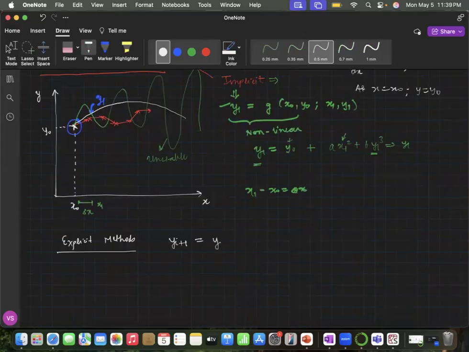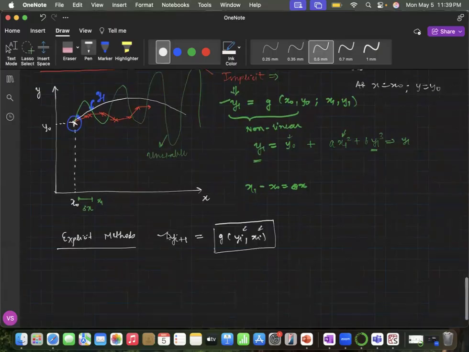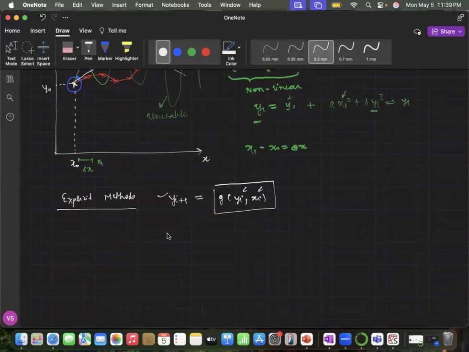We are going to use all the information at the previous point, something of this kind. And since this is completely known to us, this entire RHS would always be completely known to us. So you directly get yi plus 1. One of the simplest explicit methods is the Euler's explicit method.